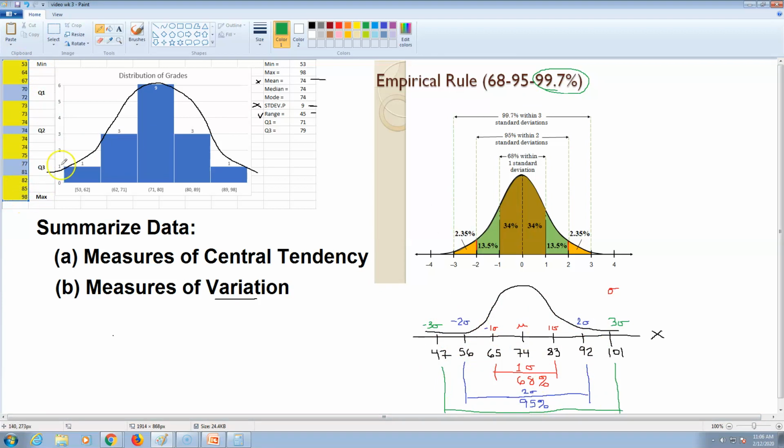So basically almost all of these numbers are in between 47 and 101. And again, that's just an estimate. This rule is an estimate of how the data is distributed in this bell-shaped curve, and that gives me an idea of how my students are performing. Okay, that's the whole point of this rule.